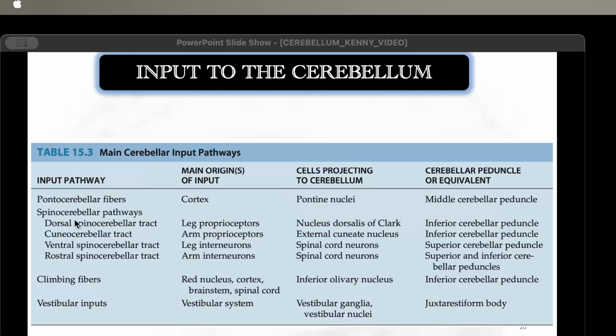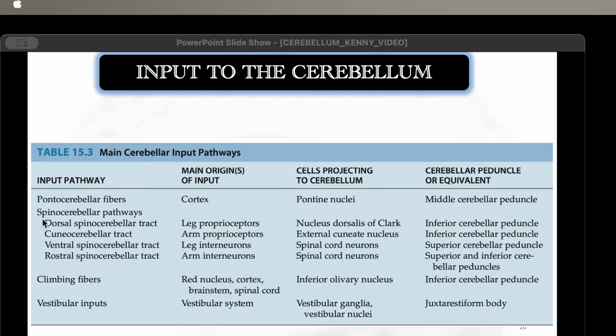But we also have the input from the spinal cord. Input from the spinal cord will use the spinocerebellar pathways. Don't worry about these pathways at this moment, and don't spend much time trying to memorize this.